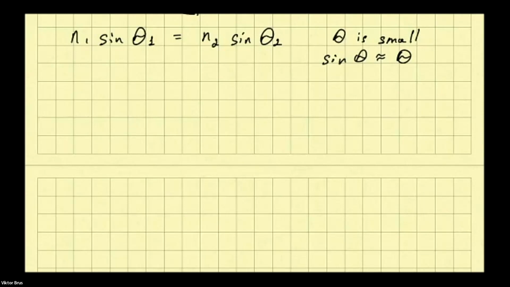So in that case, we will have n1 times theta 1 equals n2 times theta 2. Okay, so now we have this simplified version, assuming that the incident angle is very small.